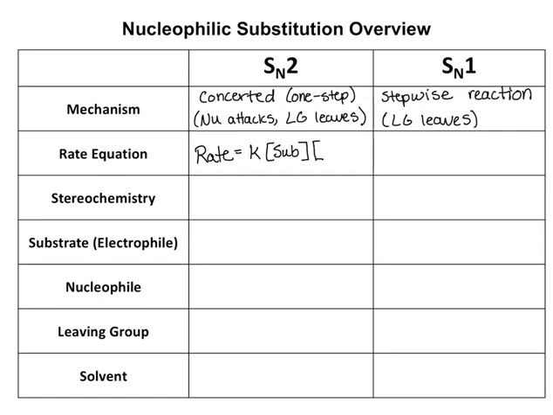And then we'll multiply that by the concentration of the nucleophile. So again, for SN2 reactions, the rate really depends on both the nucleophile and the substrate. But in an SN1 reaction, because the rate limiting step only involves the leaving group leaving, the rate is just equal to the rate constant times the substrate concentration.